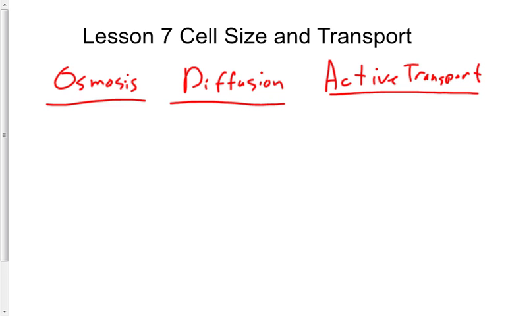Now remember, we said we had to be able to identify these from a situational type of question on an exam, where I would say, here's what's going on, identify what the main cellular transport process would be, or how it would be affected in this situation. The good news is that each one of these has at least one or two unique characteristics compared to the others, so they should be easy to identify.